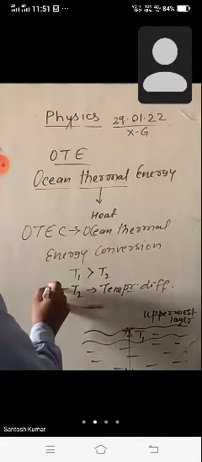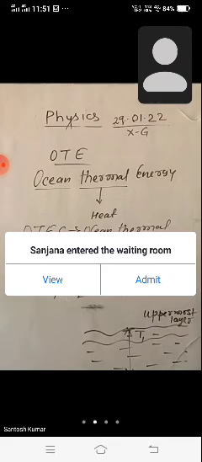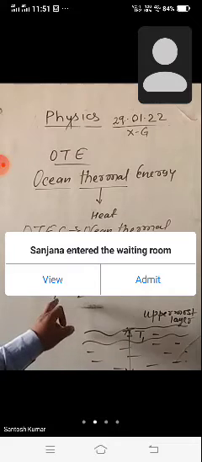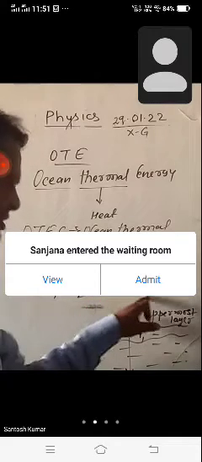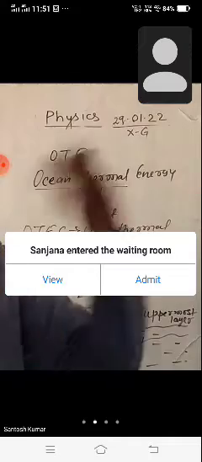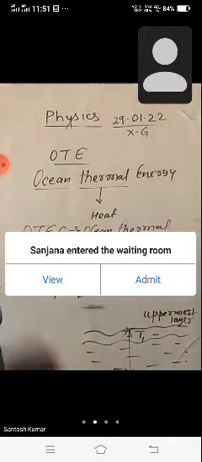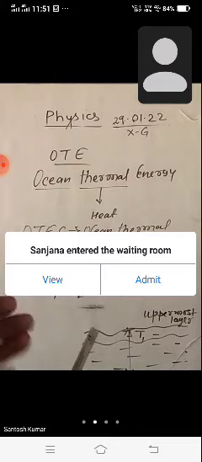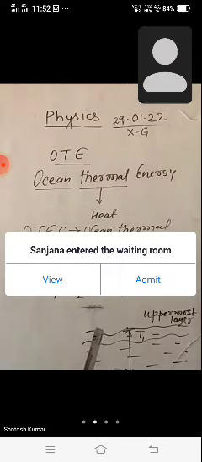In lower classes, class 7, 8 or 9, you have studied that due to temperature difference, heat flows. If heat is transferring from one body to another, it is due to the temperature difference. If the temperature difference is less, the transfer rate will be slow. If the difference is more, the rate of transfer is very high.